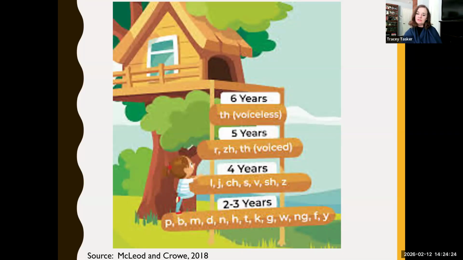So when we're talking about sound development, there's been a lot of, I don't want to say controversy, but a lot of discussion about articulation norms. So this research by McLeod and Crowe came out in 2018, and these are really considered the most up-to-date sound milestones.